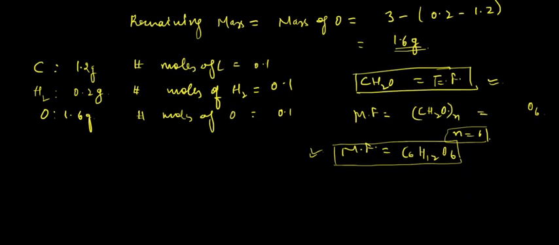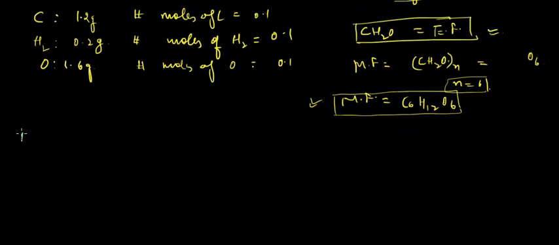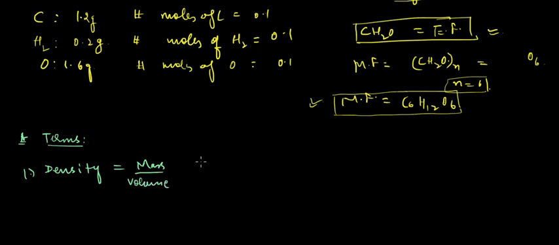So let's see some of the terms now. We have first density, which is nothing but mass upon volume. Okay, mass is independent of temperature, volume is dependent on temperature, hence density would be dependent on temperature.